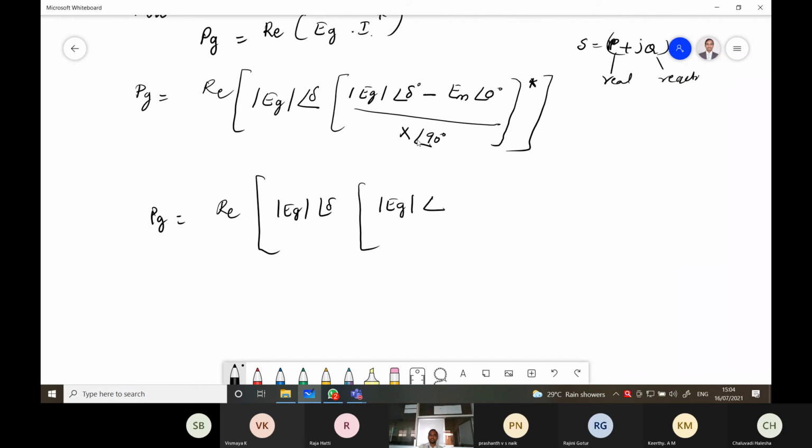EG at an angle delta becomes minus delta, minus EM at an angle 0; minus 0 and plus 0 both become 0 itself, so 0 degree, divided by x, which is also a magnitude of x at an angle 90 degrees. When you remove the conjugate, we get minus 90 degrees.